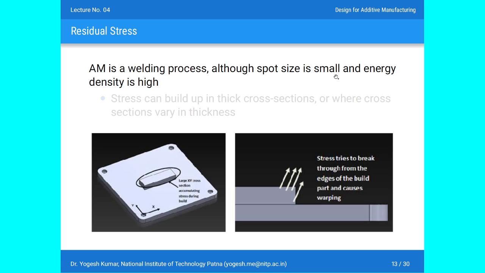Although the spot size is very small and the energy density is high, stresses can build up in thick cross sections or where the cross section varies in thickness. Because of residual stresses, the stresses try to break through the edges of the build part and cause warping.